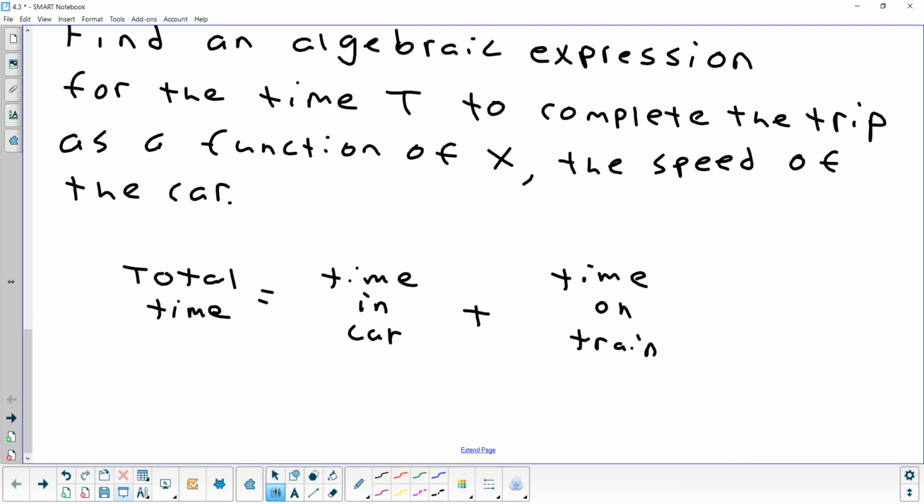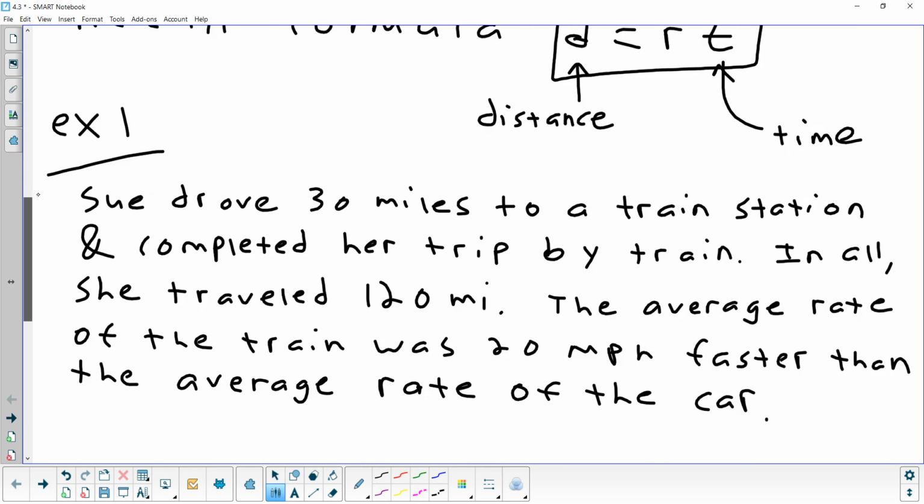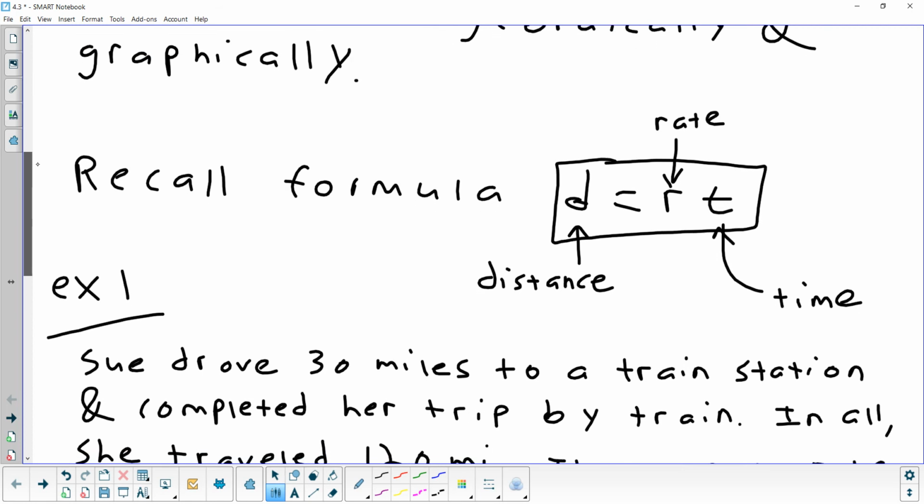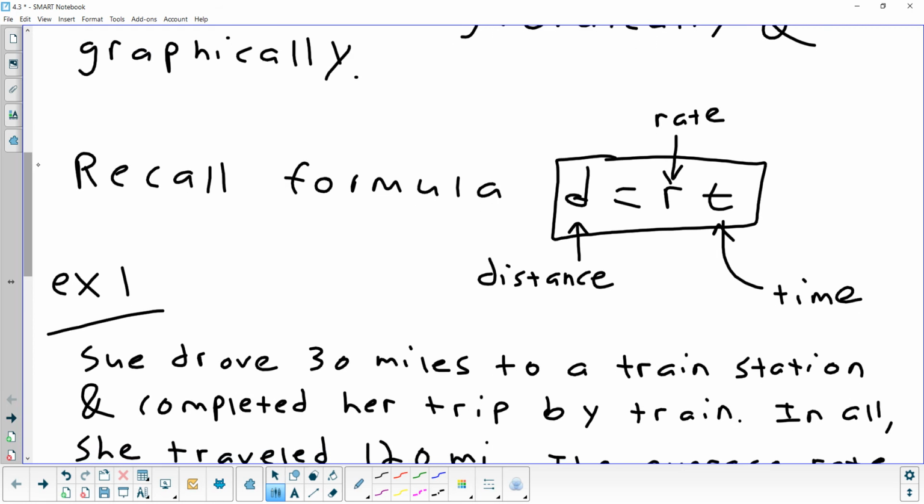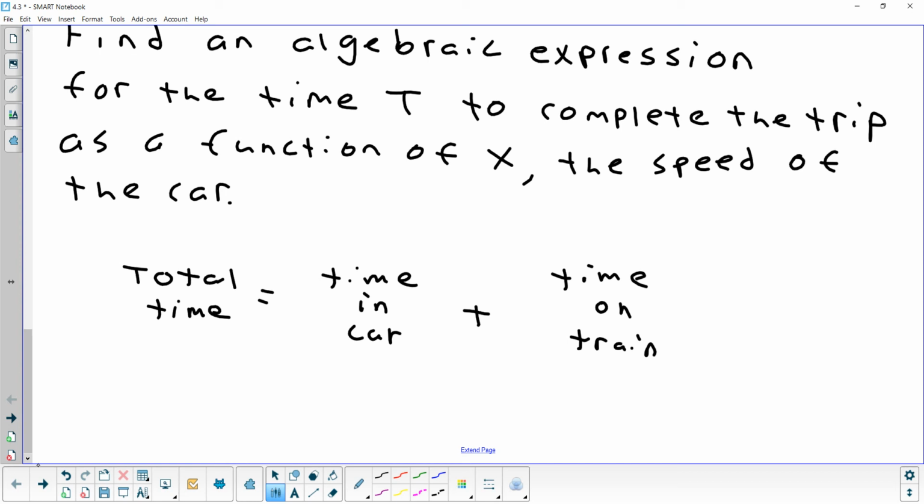So we have to figure out how to rewrite our formula for time. Right now our formula is written for distance. If you rearrange that formula, how would you get time by itself? Yes? Time is distance divided by rate. Yeah, time is going to be distance divided by rate. All right, so now let's put that idea into the formula.